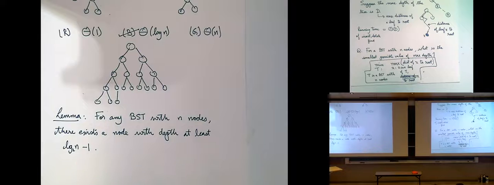And again, it depends on how you measure depth. You can measure one way or the other way, but basically what this says, and you can prove this by induction, is that there's always a node whose depth is at least log n.